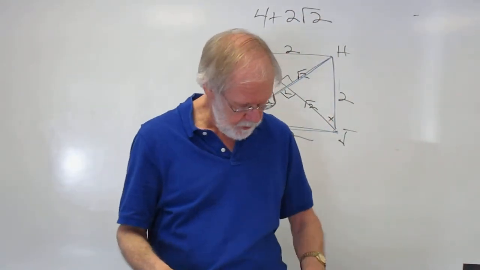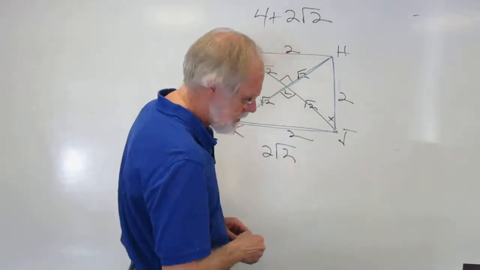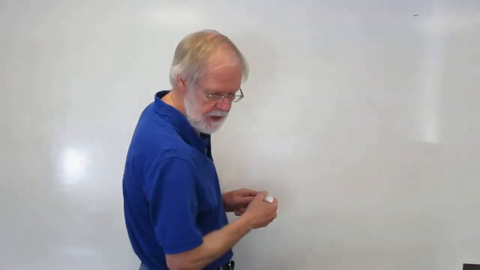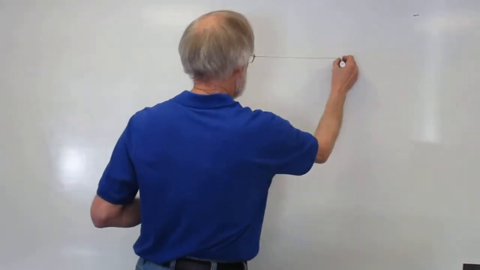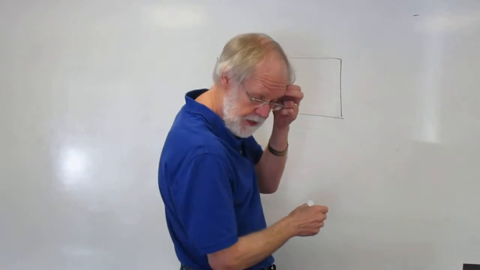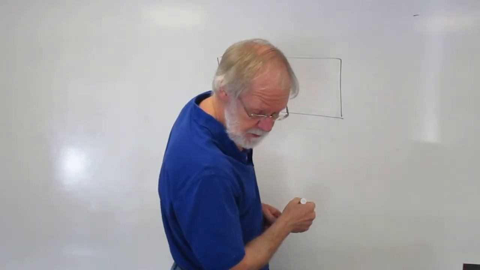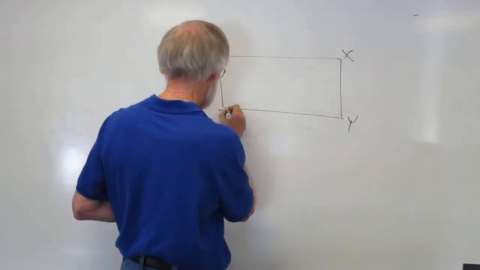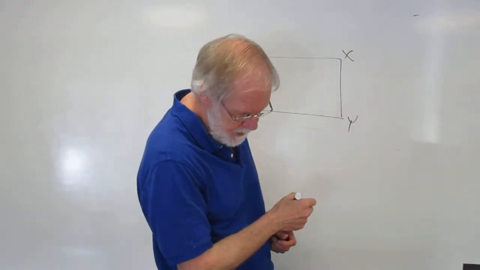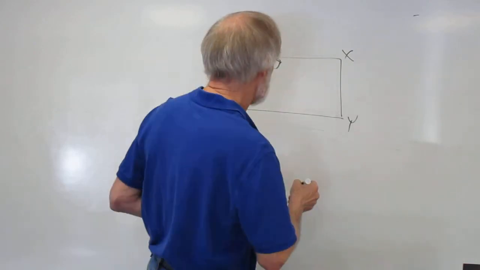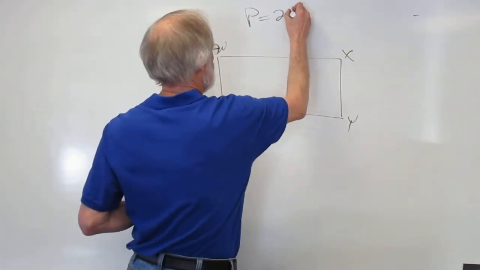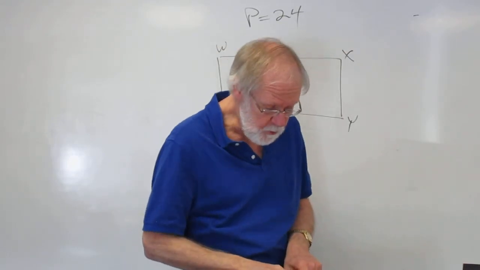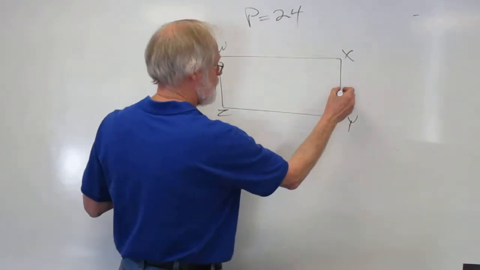There was one other one here that was worth looking at very briefly. It was this problem, and it was a rectangle, WXYZ. You are told the perimeter is 24, and you are told that XY plus YZ is 5x minus 1.